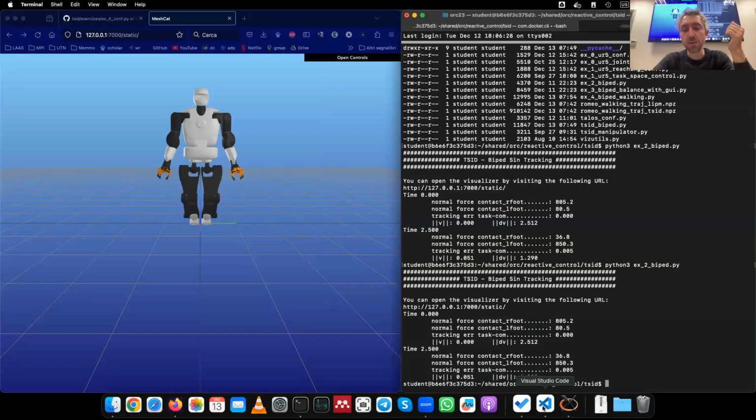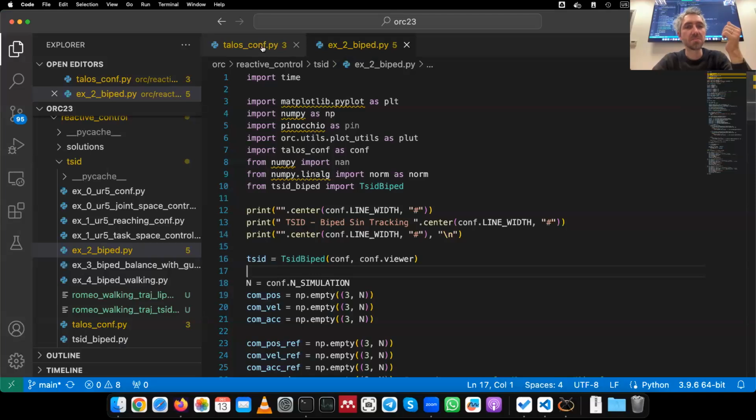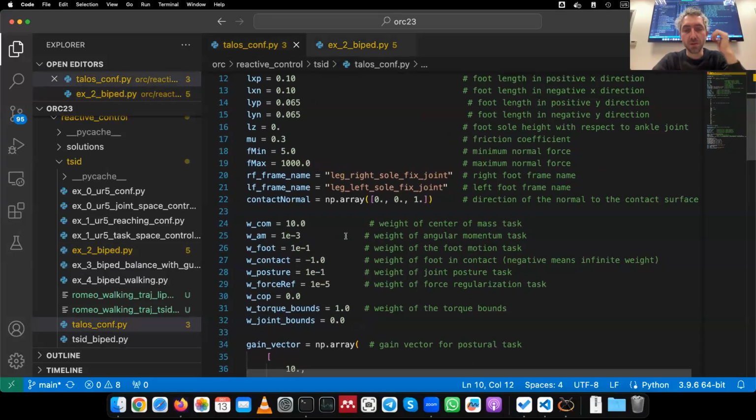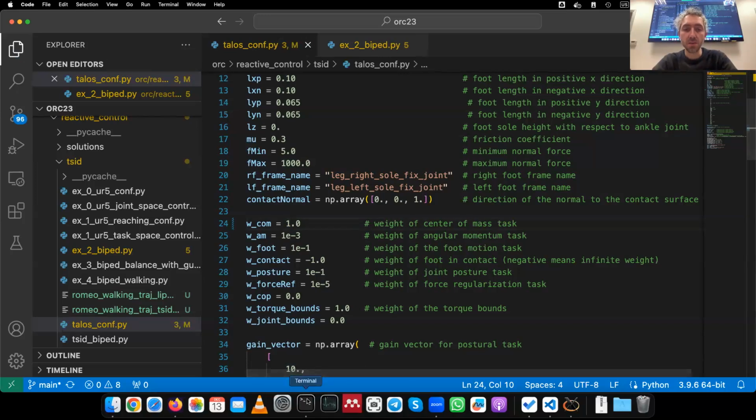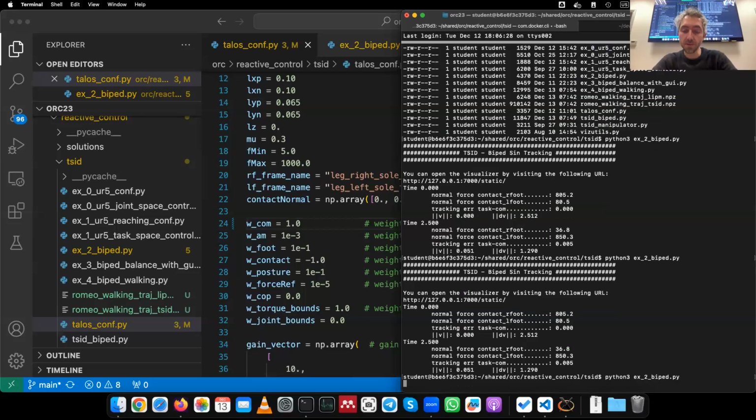So we can try to make things not work fine. For instance, one thing we could do is to lower the weight of the COM task. Now it is 10. We can set it to 1 and see what happens.